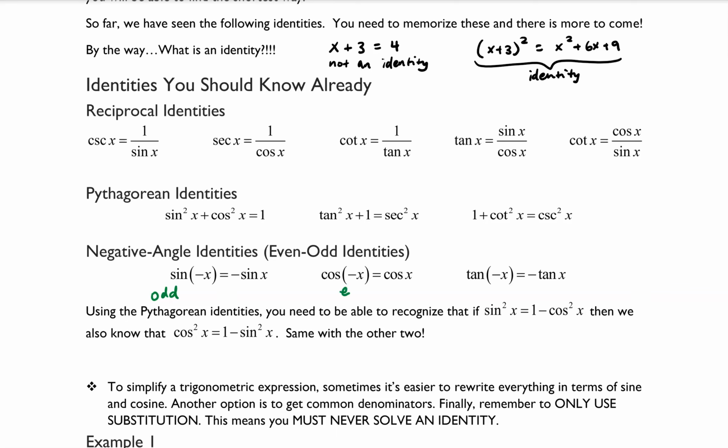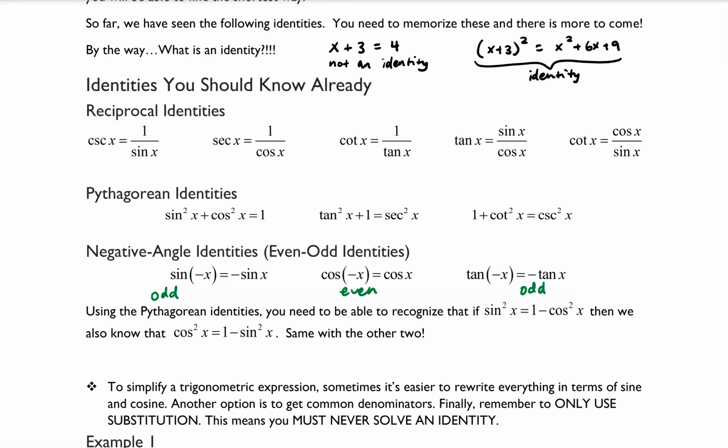And cosine has the property where cosine of negative x is equal to cosine of x, and it is an even function. And then lastly, tangent of negative x is equal to negative tangent of x. So tangent is what we call an odd function.